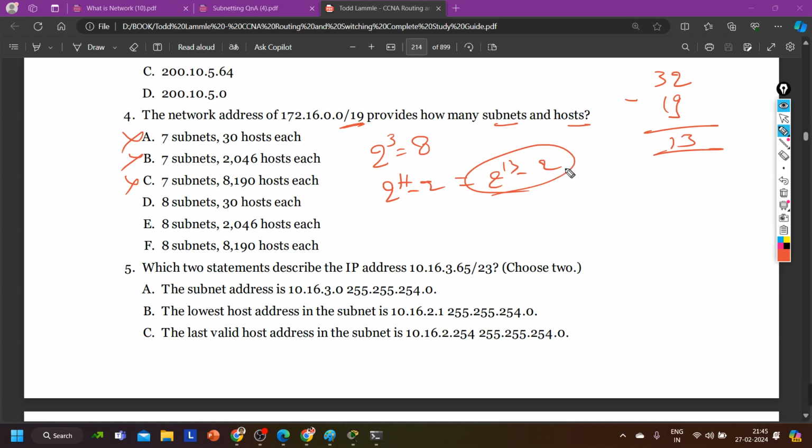It is asking you subnets and hosts, that's it. So the subnet count is 8 and valid hosts is 2 to the power 13 minus 2.